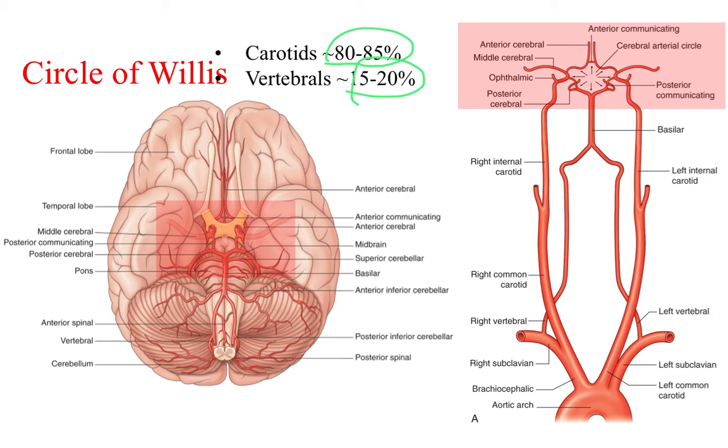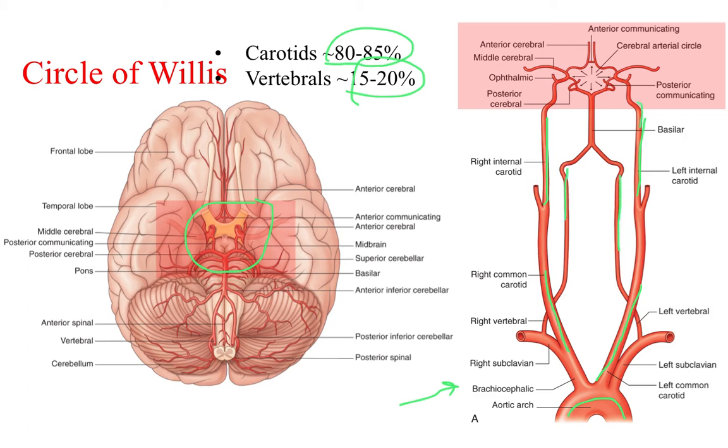So looking at it here, here's the circle of Willis as it sits within the brain, and notice that it sits around the optic chiasma. So it's literally circling the optic chiasma. And over on this right side, here is the aortic arch, and then we have our left common carotid artery, right common carotid artery, and then our right internal carotid, left internal carotid, and here are our vertebral arteries coming up.